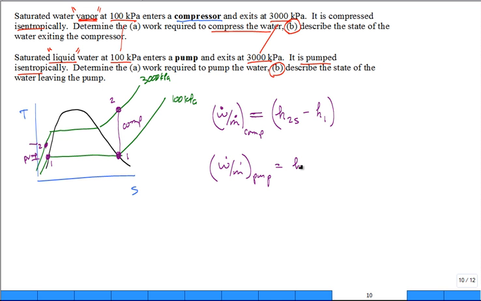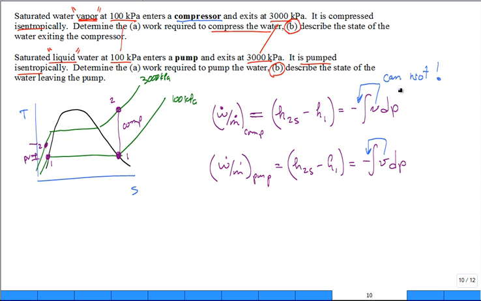It's h2s minus h1, but we know that in both of these cases it's the integral of v dP. But guess what? This v can come outside, but this one cannot come outside.